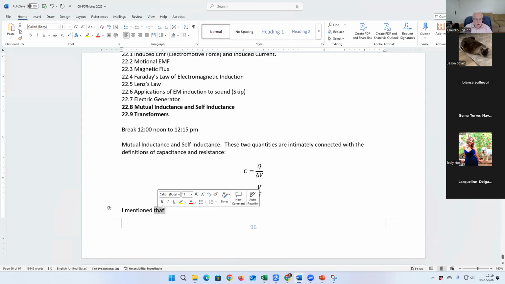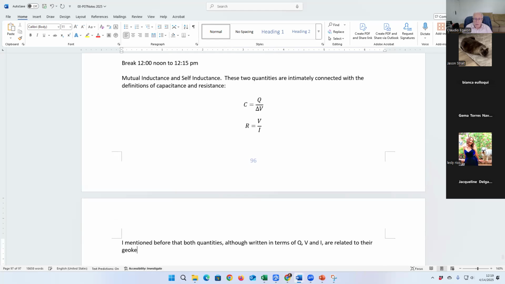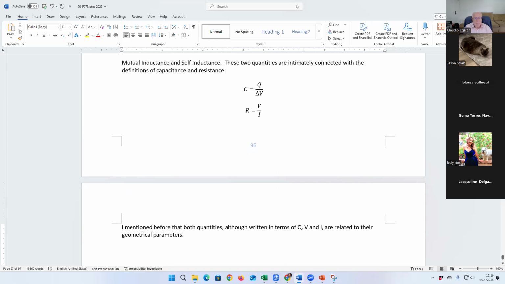I mentioned before that both quantities, although written in terms of Q, V, and I, are related to their geometrical parameters.